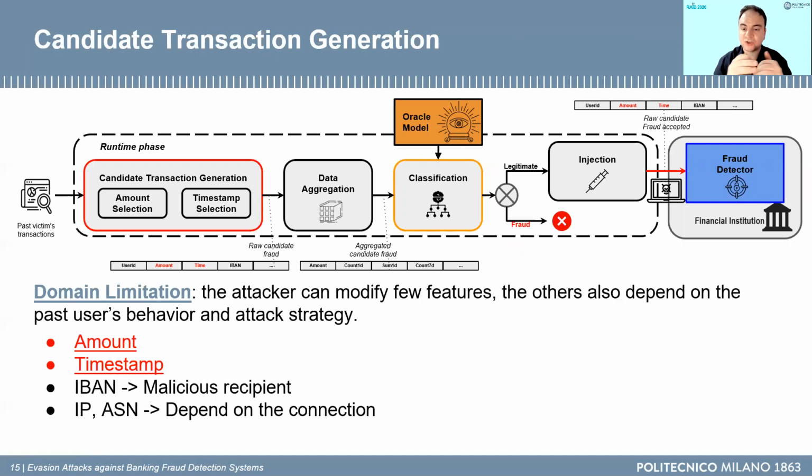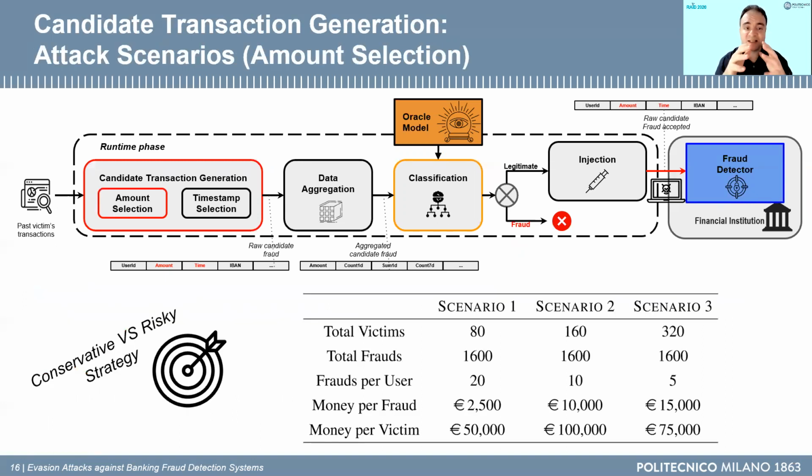Therefore, it's fixed, you cannot change it. It is a new IBAN never seen before in other transactions, while the IP and the autonomous system directly depend on the connection of the user, and therefore cannot be changed by the attacker. As a consequence, the only two variables that the attacker can modify are the amount and the timestamp.